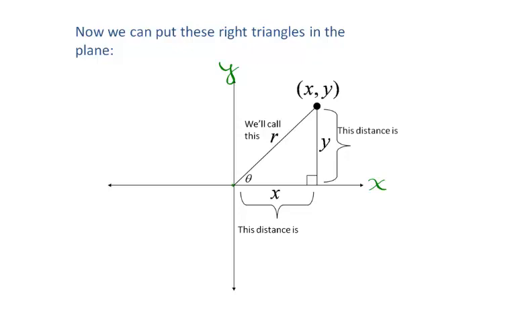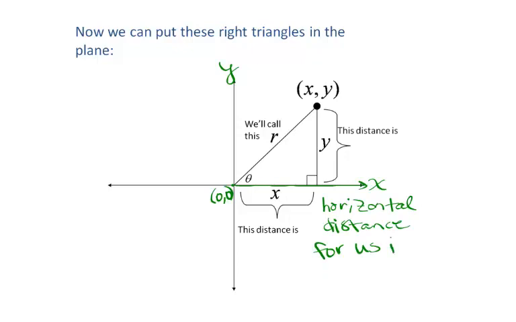We know that this is the point of origin. Always, for us in calculus, the point 0, 0. We know that any distance that we travel to the right from that point of origin, any horizontal distance, for us is x.